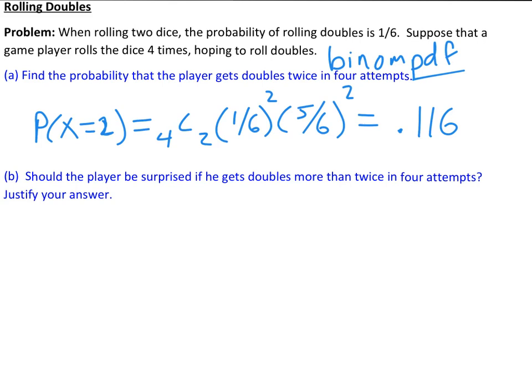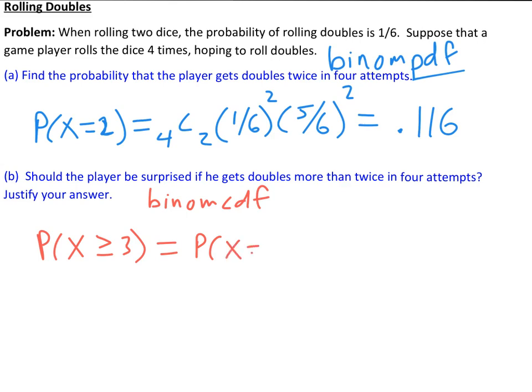So on part B, this will also be a calculator thing, but I want to contrast that with the first part. This is binomial CDF, because this wants the probability that I get doubles 3 or more times.